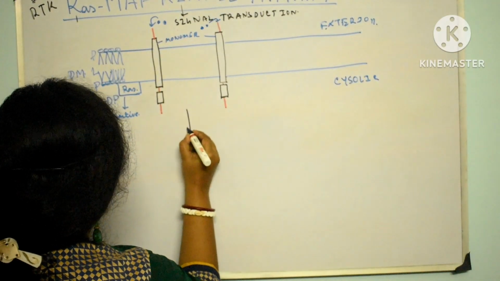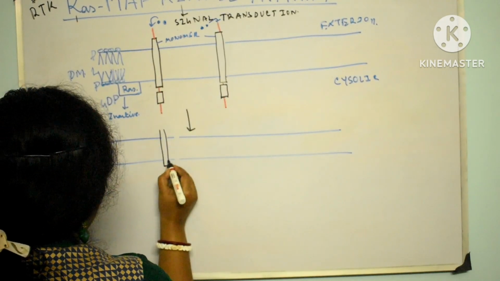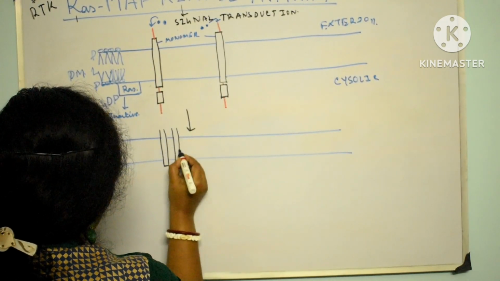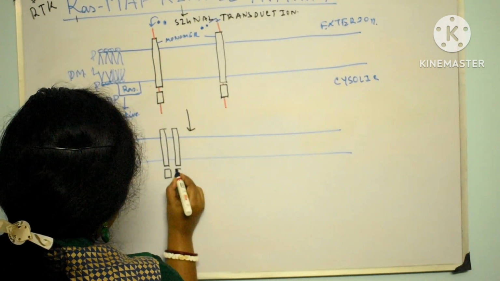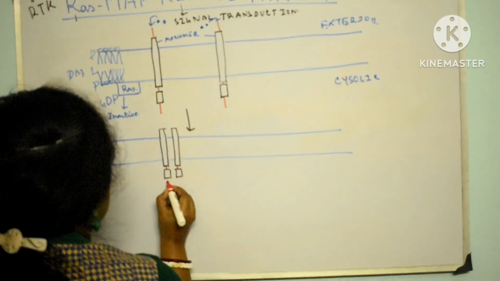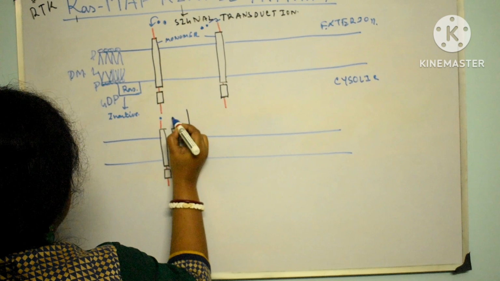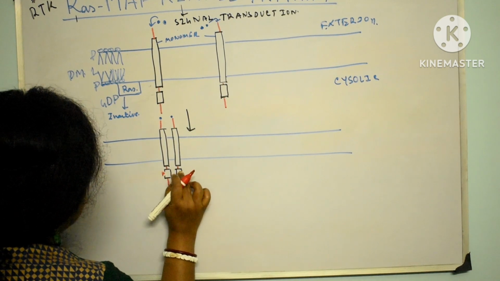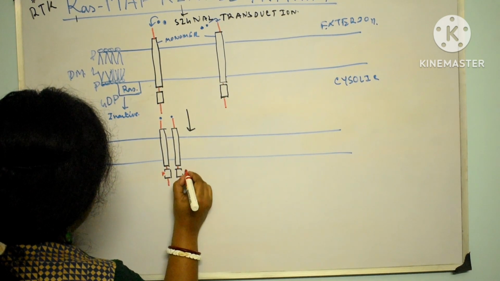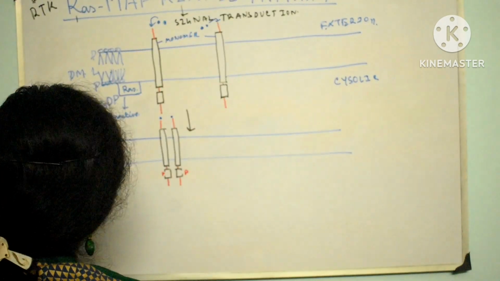Now the next step, dimerization. It binds here and it is phosphorylated, and here is dimer formation.